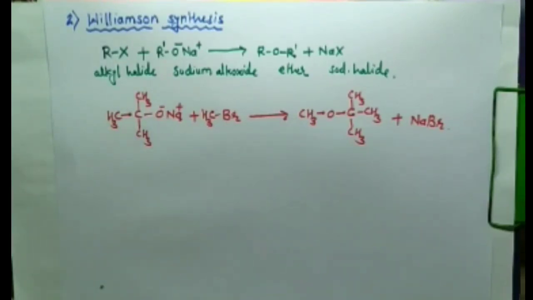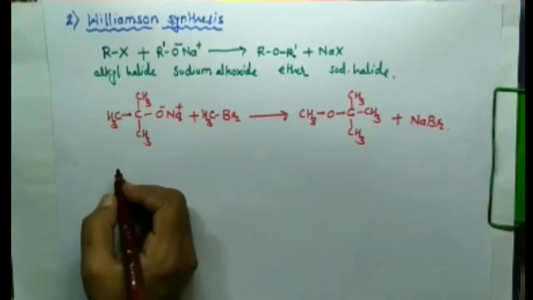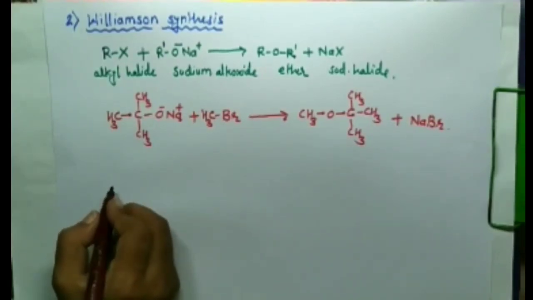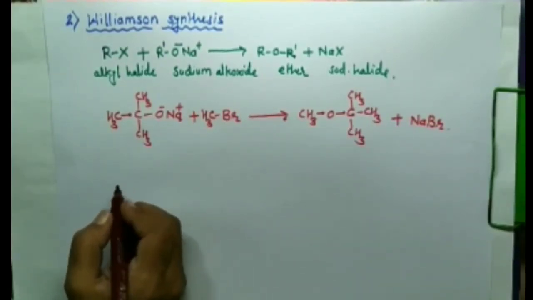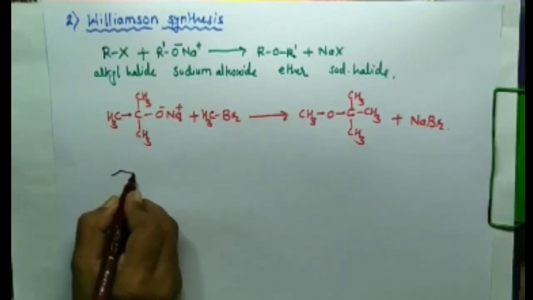Phenols will be converted into the sodium phenate salt, or sodium alkoxide, that is nothing but sodium phenate, and we will get aromatic ether.